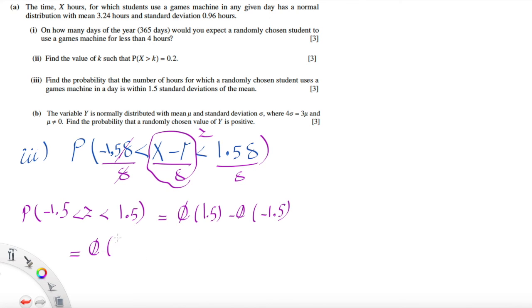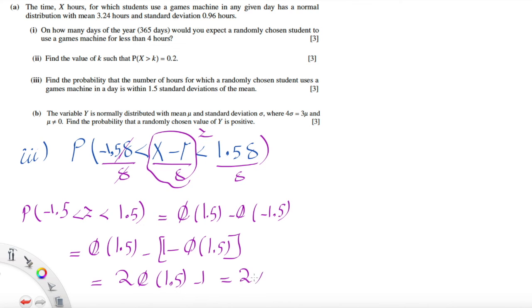Again it is equal to phi of 1.5 minus phi of a negative number, which will be 1 minus phi of the corresponding positive number, equal to 2 phi of 1.5 minus 1. From the table, 2 times phi of 1.5 is 0.9332 minus 1, which gives you an answer of 0.866.